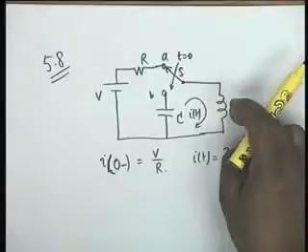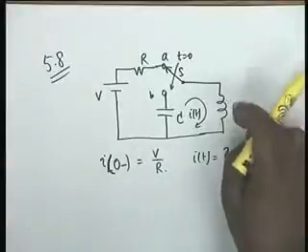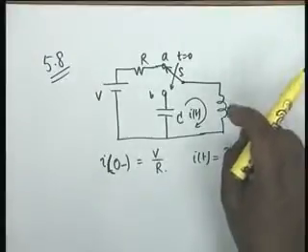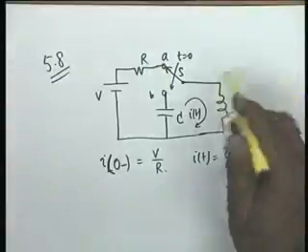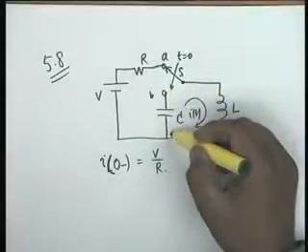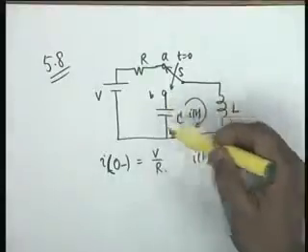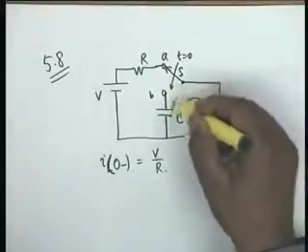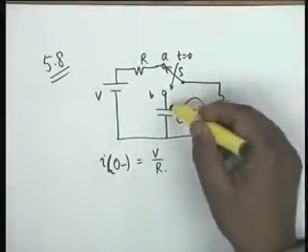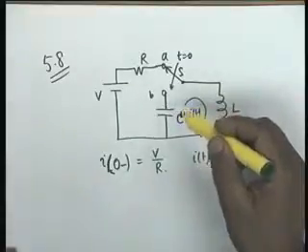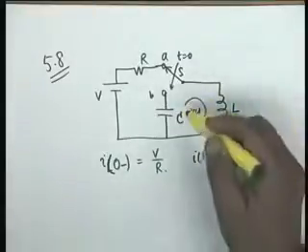Now this current in the inductor, the flux in the inductor will try to decay, because it finds a short circuit. At t equal to 0 plus, the capacitor is a short circuit. So this current tries to flow through it, and in the process charges the capacitor. Any current flowing through a capacitor charges the capacitor.